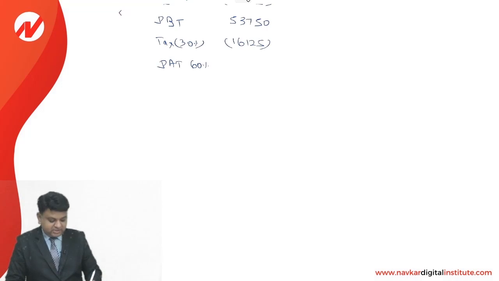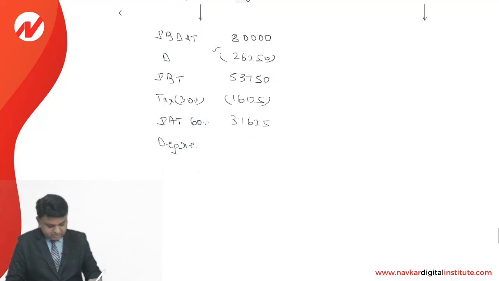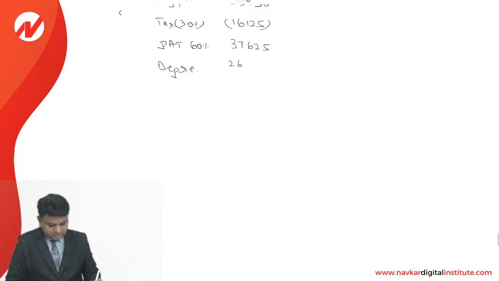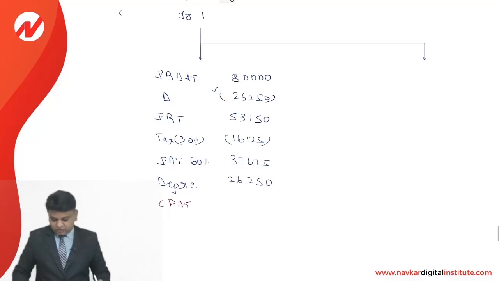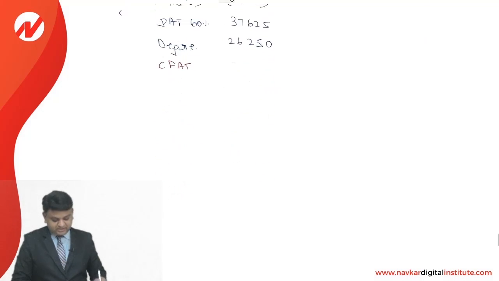Profit after taxes is 37,625. We add back depreciation in order to compute the cash flow after taxes. So 37,625 plus 26,250 comes to 63,875.